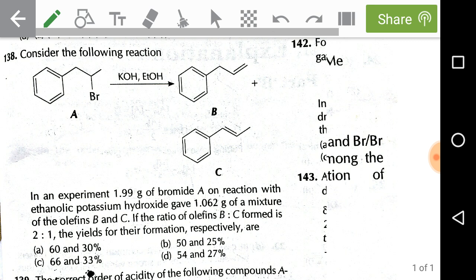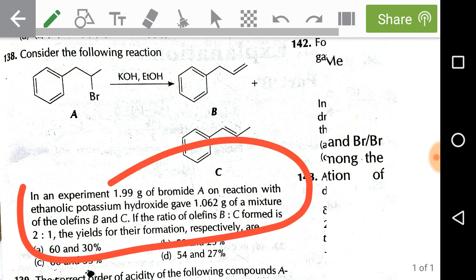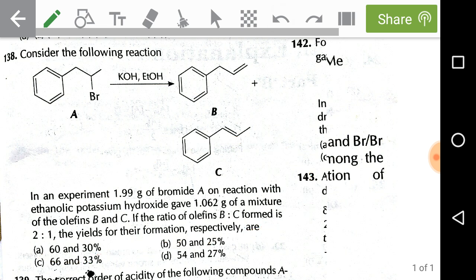Just observe A, which is producing B and C in presence of potassium hydroxide and ethanol. In an experiment, 1.99 grams of bromide A on reaction with ethanolic potassium hydroxide gave 1.062 grams of a mixture of olefins B and C. If the ratio of olefins B to C formed is 2:1, the yields of their formation respectively are.